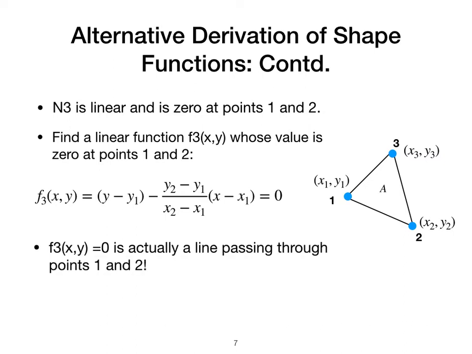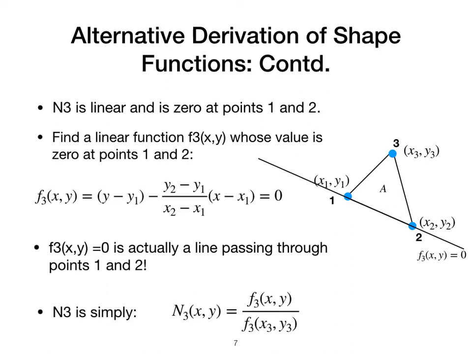Now f3 equal to 0 is a line passing through points 1 and 2, and N3 is simply given by f3(x,y) divided by f3 at point 3, that is f3(x3,y3).